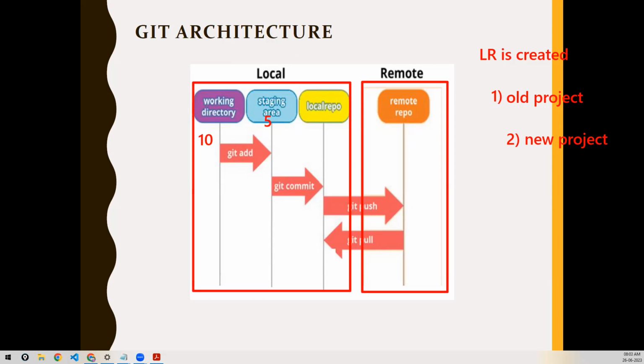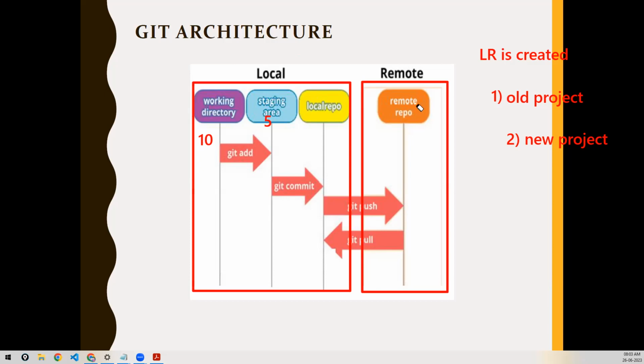So in the second scenario, if there is no project created, a new project, so we are creating a local repository, correct? So there won't be any project created by that name in the remote; we have to create it and push it. Automatically there will not be. You have to create it.